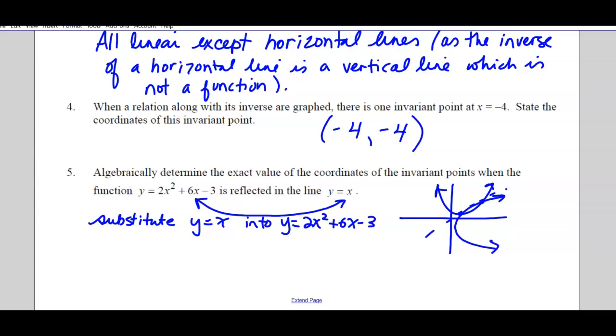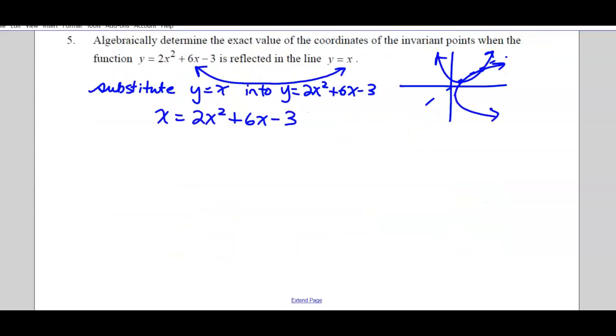Do not take the time to find the inverse of this, because you would have to complete the square to get y by itself. Okay? That will drive me and other teachers nuts. So please don't drive us nuts. You don't want to waste your time. Likely you'd make a mistake along the way.